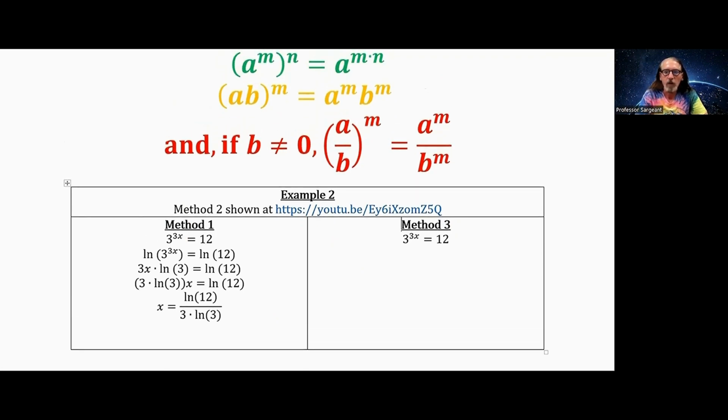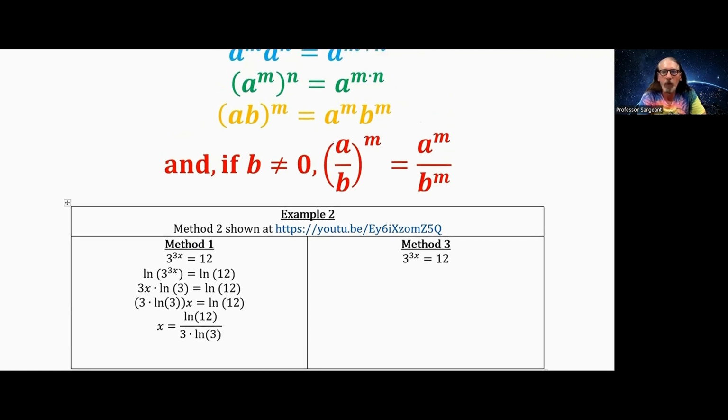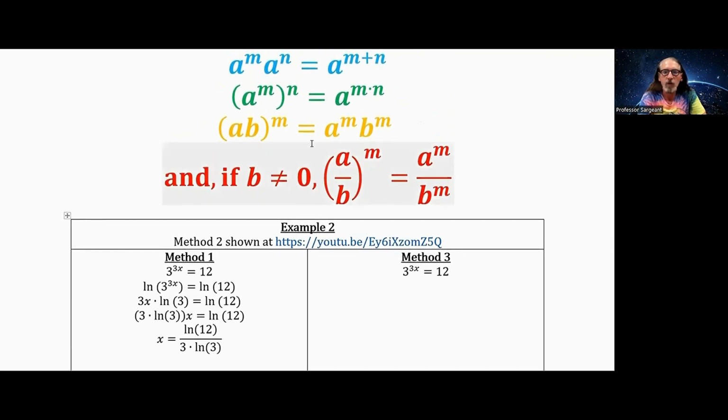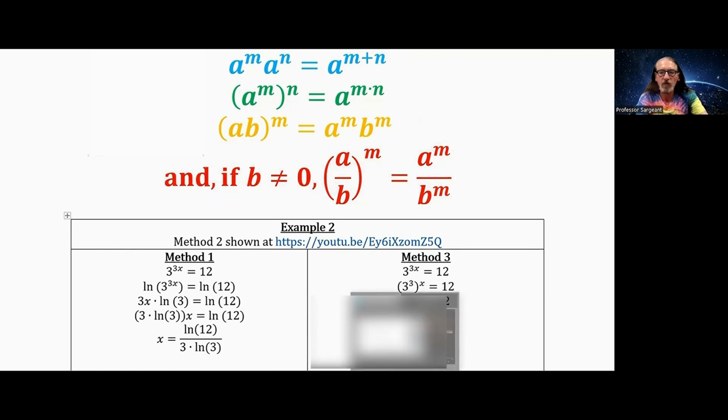In method 3, I am going to use a little bit of method 2, but also this new approach, taking that 3 to the power 3x and applying this rule right here. I'm going to rewrite that as 3 cubed to the x power. Because 3 cubed is 27, then we have 27 to the x power is 12.